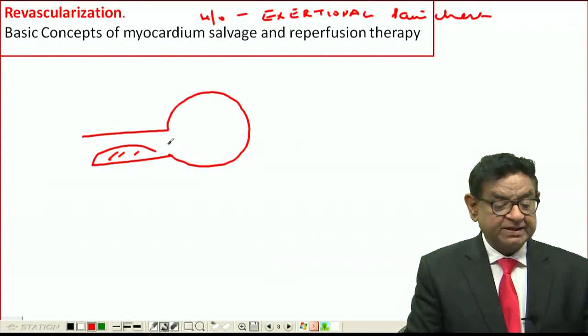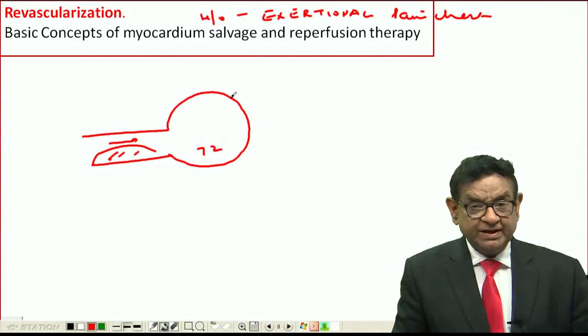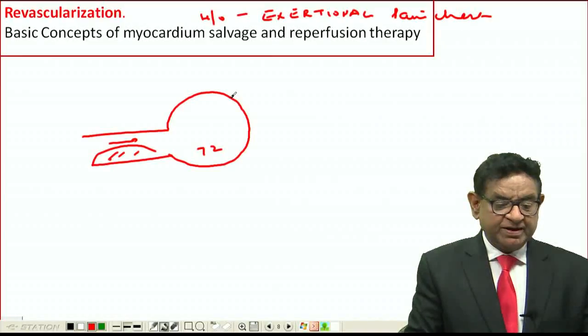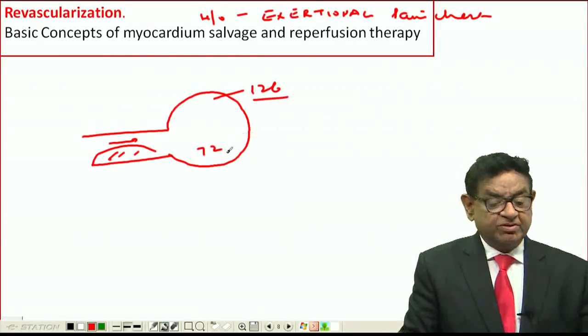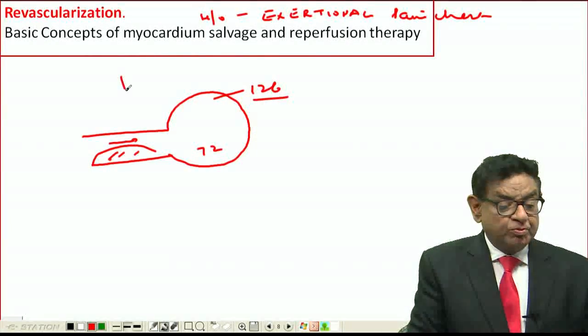Let's learn the basics. Heart rate is 72, blood is coming, and demand and supply are all right. There's no problem. Now when the patient starts walking, heart rate will increase: 80, 90, 100, 110. Let's say heart rate has gone from 72 to 126. The higher the heart rate, the more the oxygen demand.